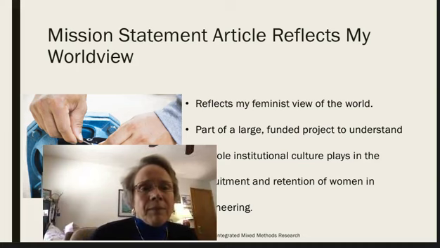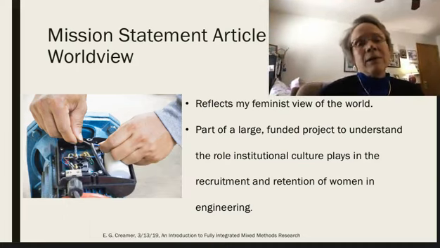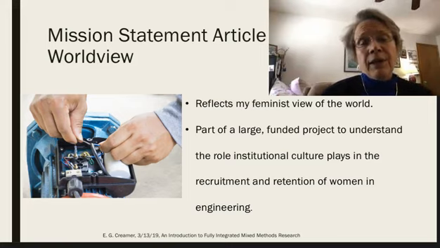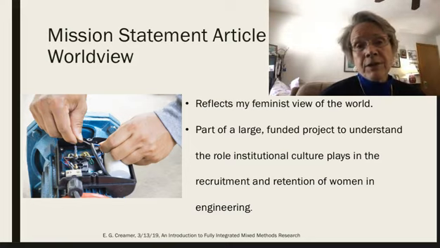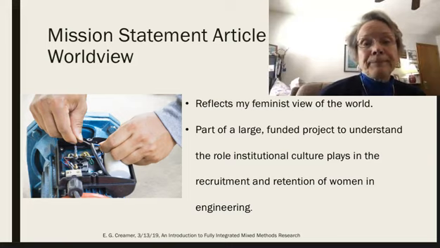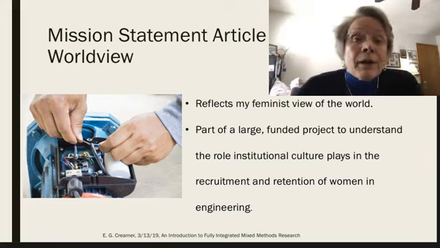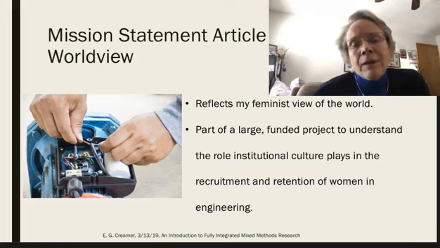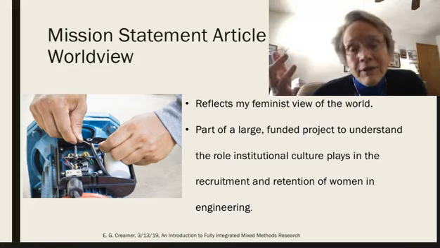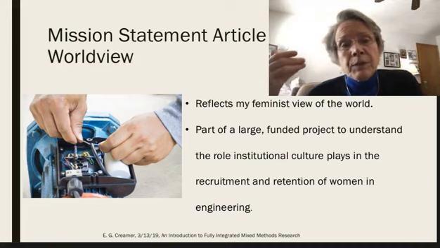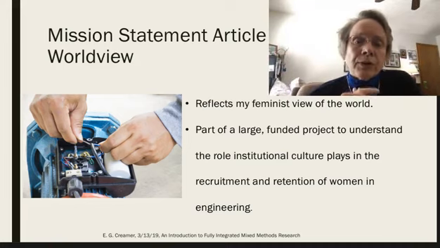So when I think about the mission statement article, I want to say first that it is a very clear reflection of a very long-standing feminist agenda. I became a faculty member in the 1980s, and it was the experience itself that led me to feminism, to understand the experience in the social system that was around in the 80s.